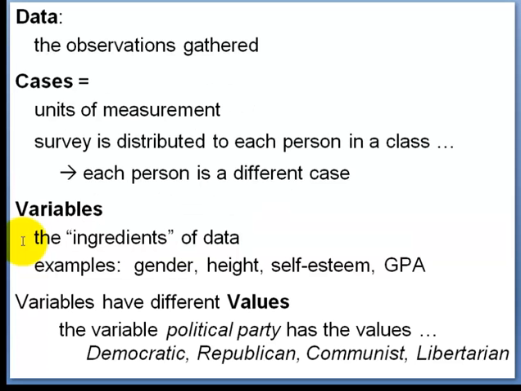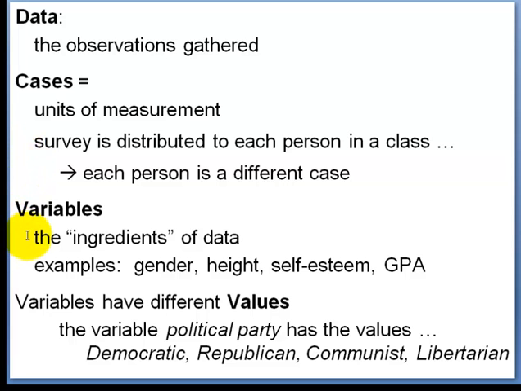So here we have some more definitions. Data, the observations gathered. Cases are your units of measure, so that if you distribute your survey to the different people in your class, then each person is a different case in your data.